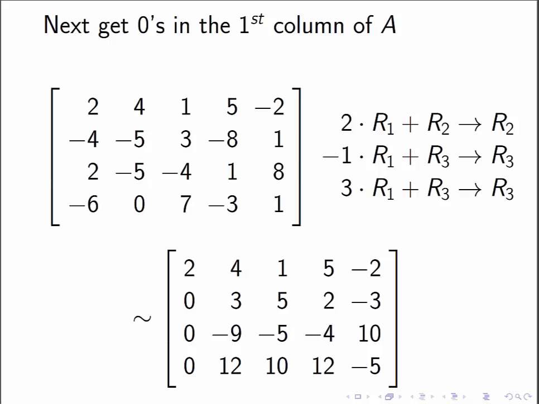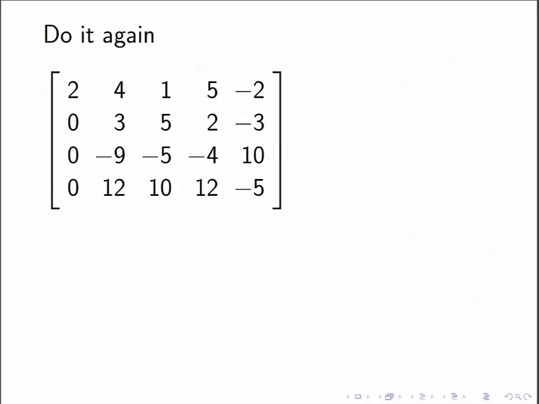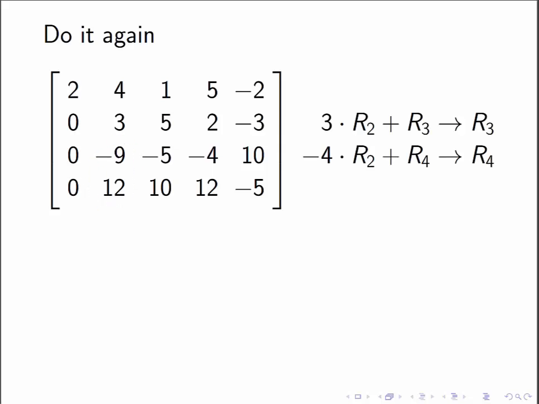So I will do those row operations, and then we're going to repeat the process. Now I will take this entry, and I will divide it into the entries below it, and I will place those into the second column of L. Then I will do the row operations needed to make zeros below that entry, which would be 3 row 2 plus row 3 and negative 4 row 2 plus row 4.